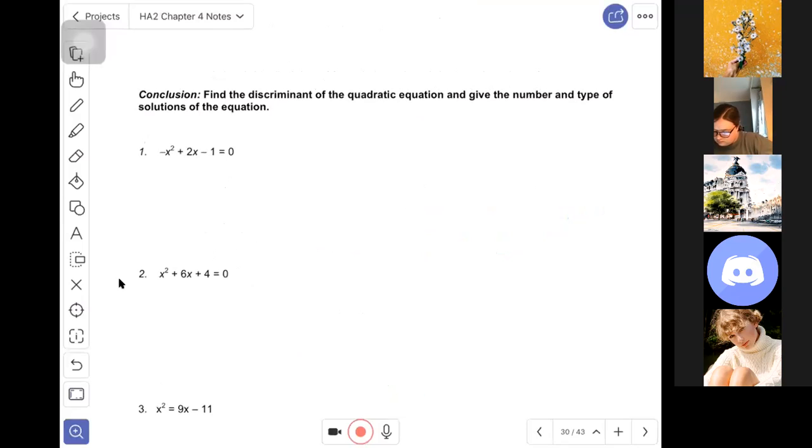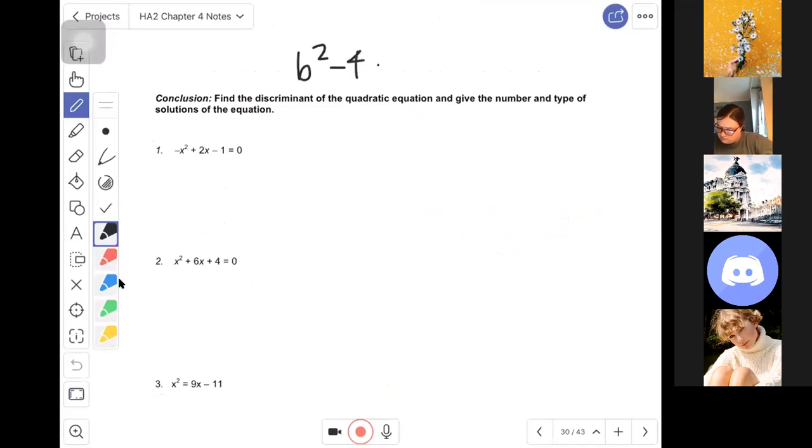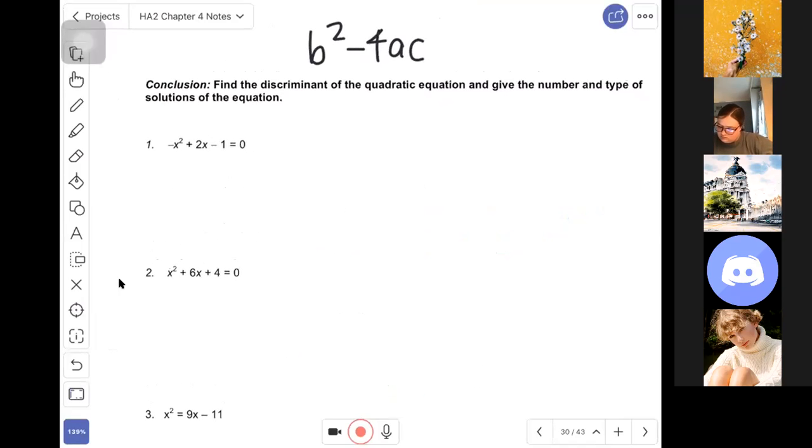They're asking to find the discriminant and tell what type of solutions we're getting. So go ahead and try these 3, remembering the discriminant is b squared minus 4ac. I'll give you a minute to do that.